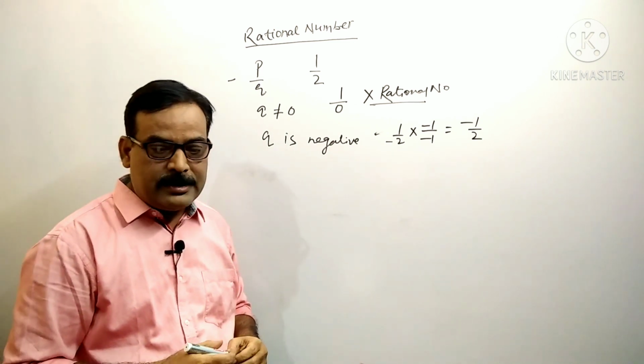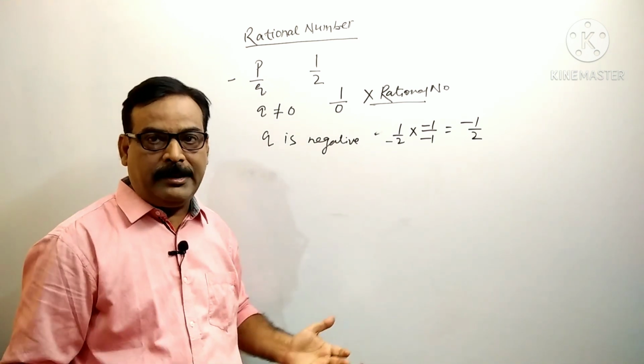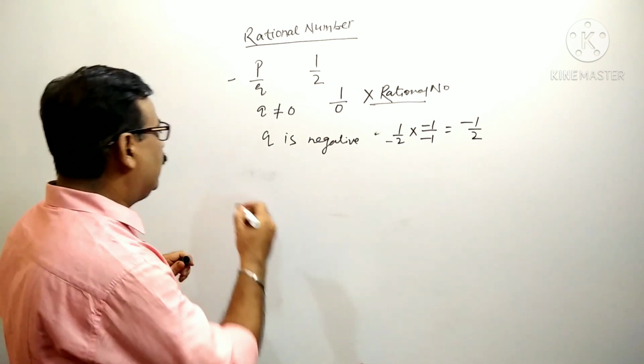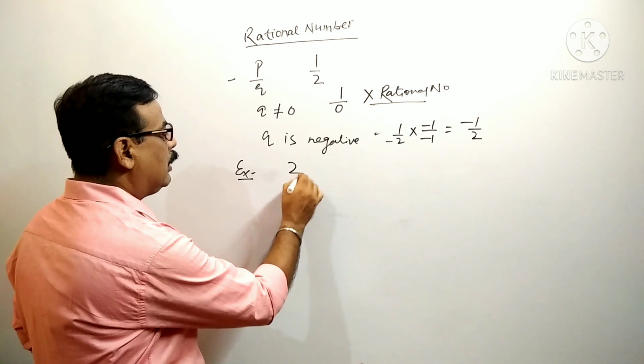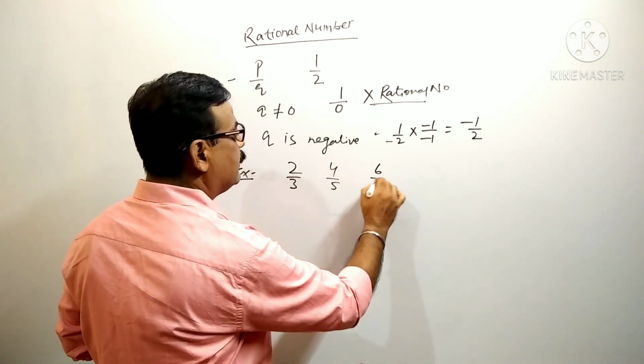Now the question is, some rational numbers are positive and other numbers are negative. We can give examples of positive rational numbers like 2 by 3, 4 by 5, 6 by 7.